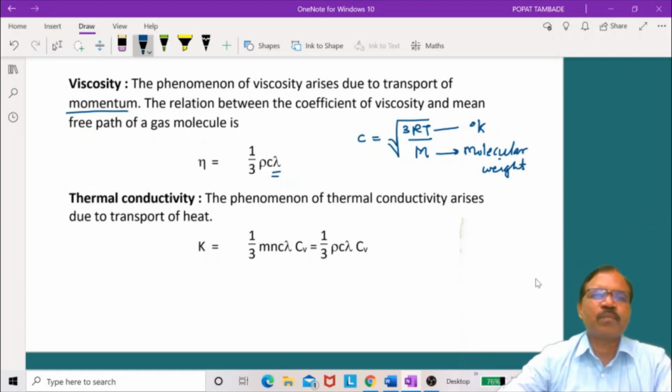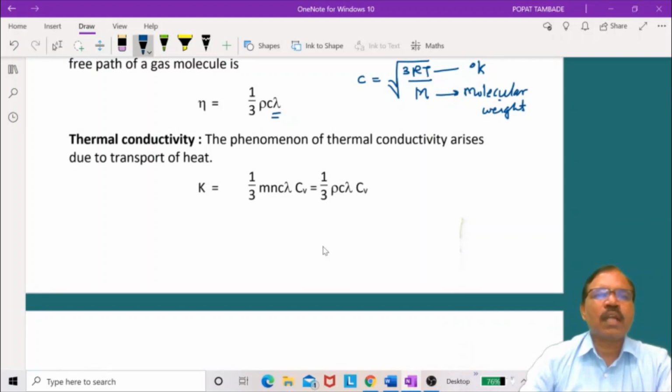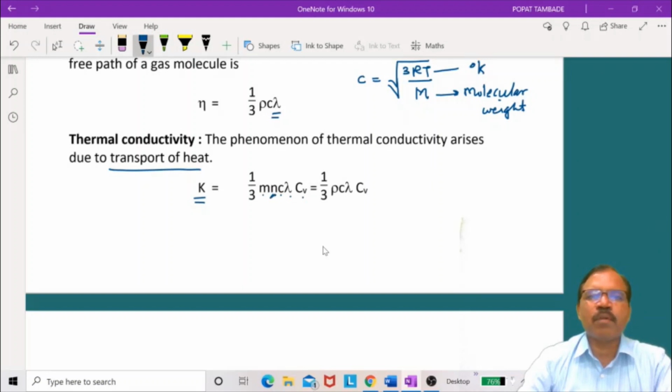The phenomenon of thermal conductivity arises due to transport of heat. So the coefficient of thermal conductivity is given as K is equal to 1/3 m n c lambda Cv, where m is mass of each molecule, n is number of molecules per unit volume, c is RMS velocity, lambda is mean free path, and Cv is heat capacity at constant volume.